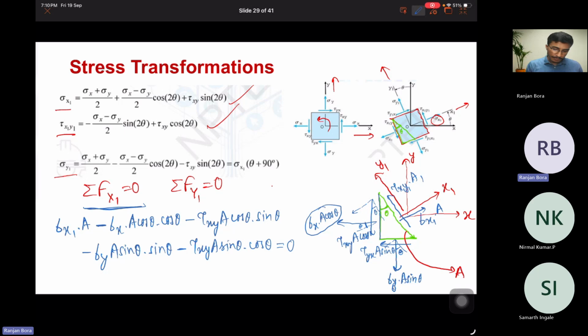Okay, now we will solve this. We can cancel A from both the right-hand side and left-hand side.